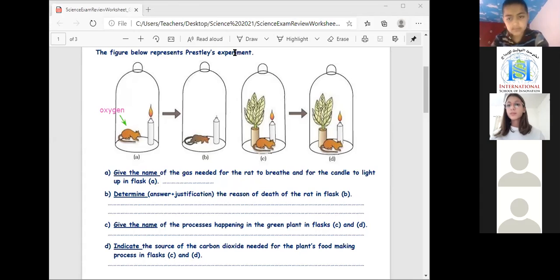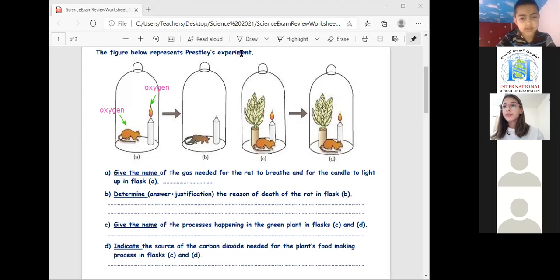Which gas does the candle need to light up? Also oxygen. Both the rat and the candle take in oxygen. And which gas do they release? Carbon dioxide.